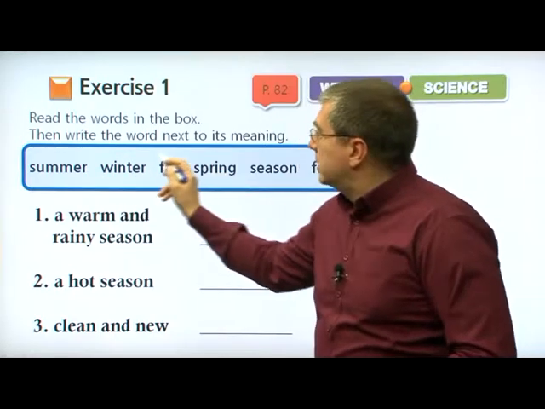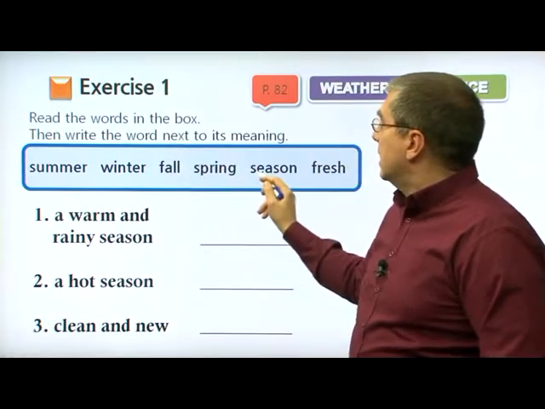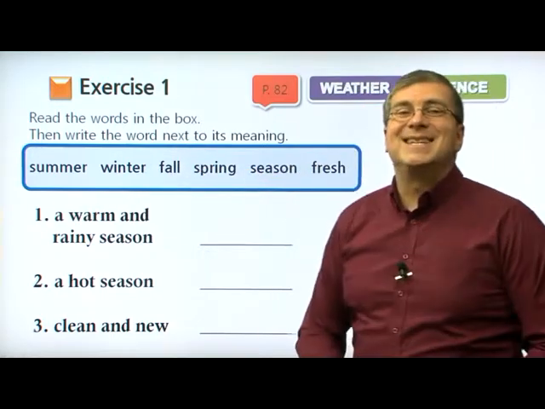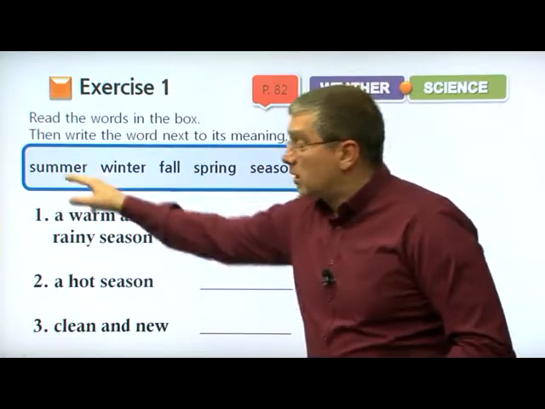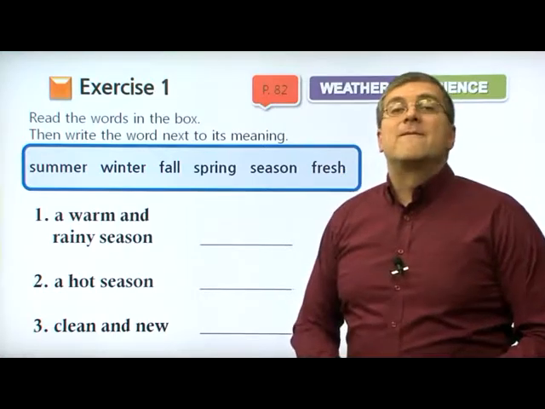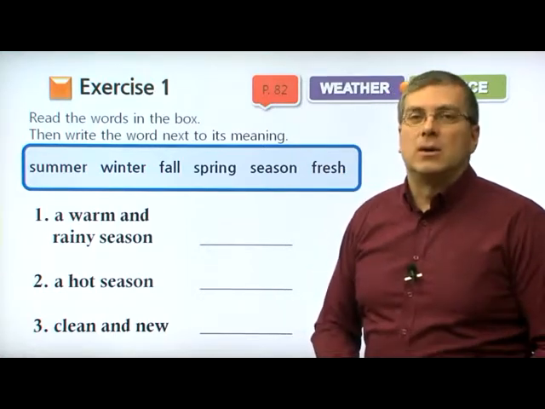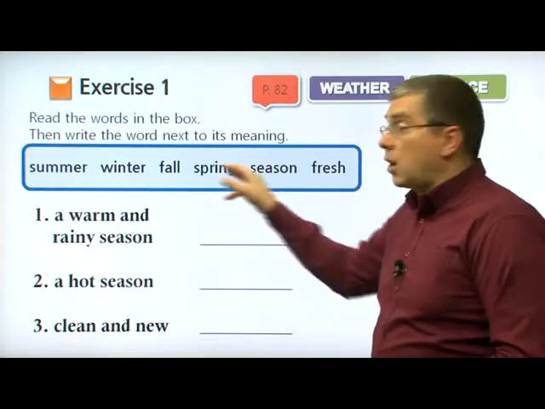So these are all the different 4 seasons, summer, winter, fall, spring. Then we have this word here, season. Okay? So season includes all of these words, right? And this one is an adjective, fresh. Okay? So those are our words.